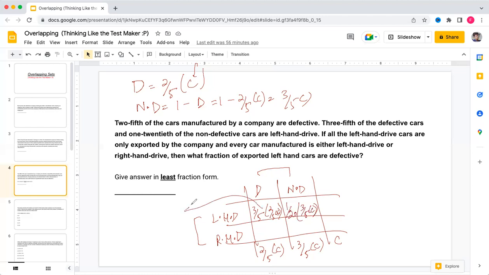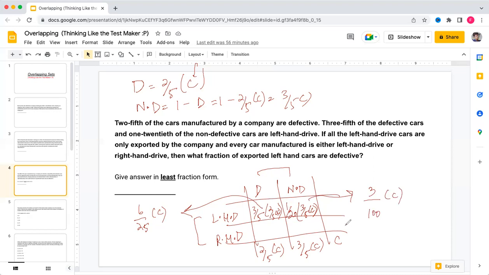Now, if you multiply this, this will become 6/25 of C, and this will become 3/100 of C.